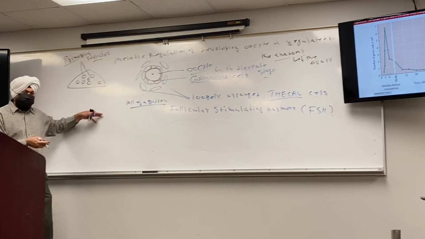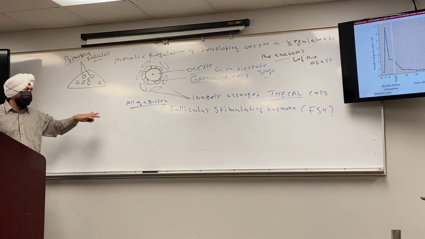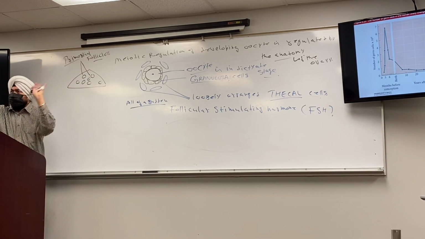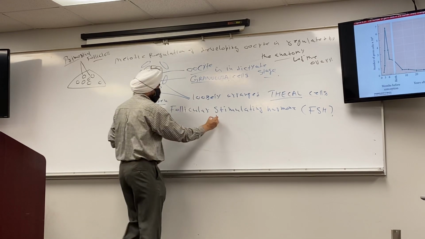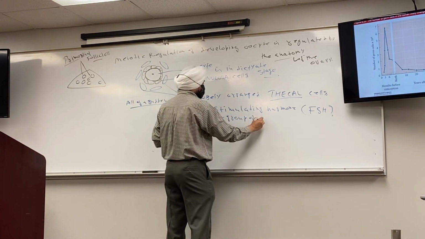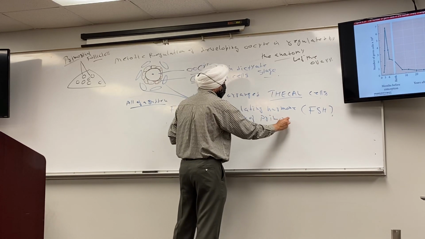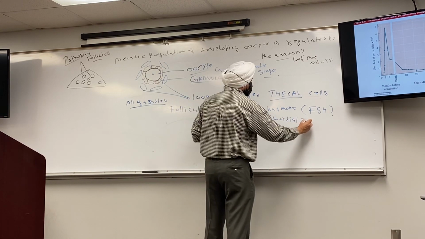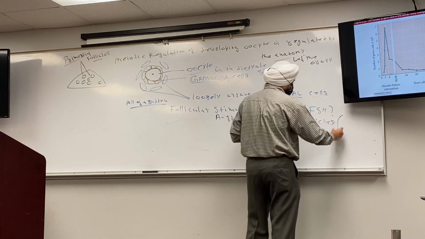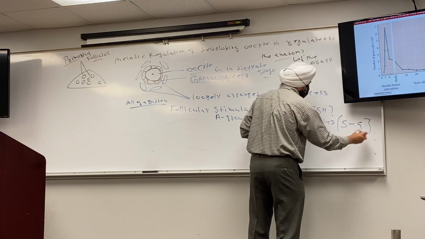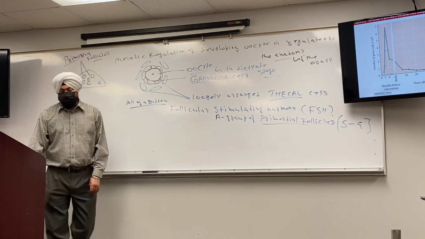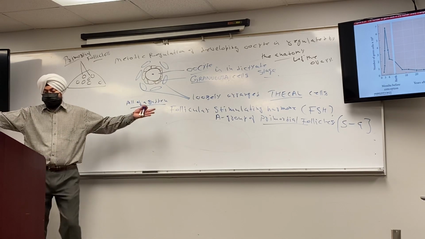So all of a sudden, under the influence of this hormone, not all the primordial follicles, but a group of primordial follicles, usually 5 to 9 in that group, start growing.